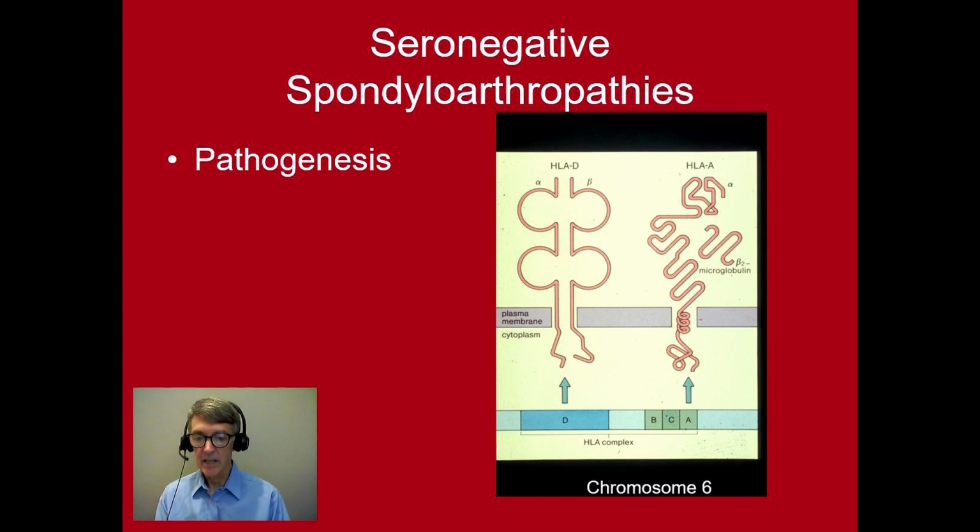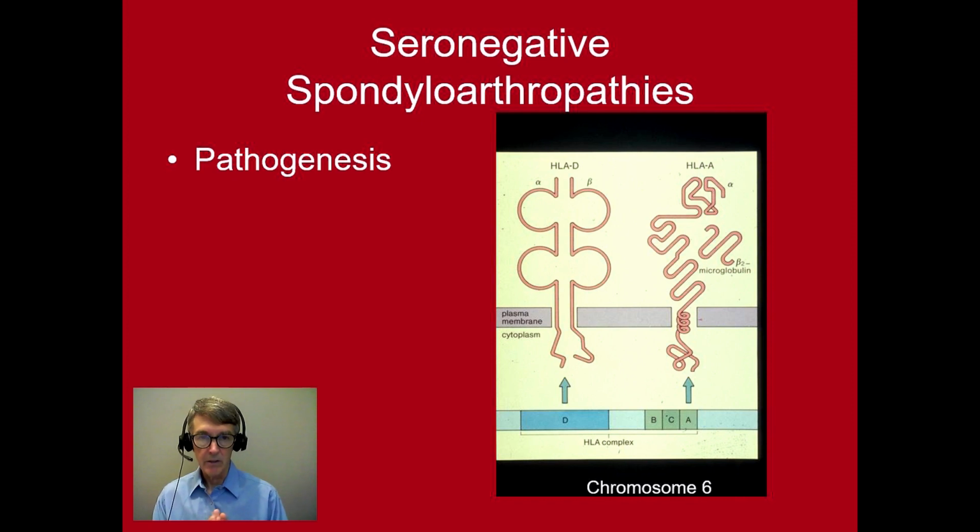Now, when we discussed what causes the other rheumatologic diseases, we mentioned that there's a feeling that there's a genetic basis and there's something in the environment that kicks it off. With respect to the seronegative spondyloarthropathies, it's more clear what is going on.